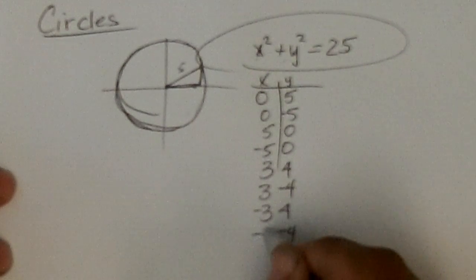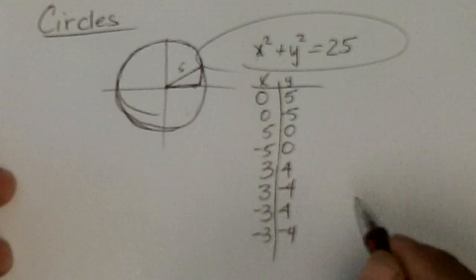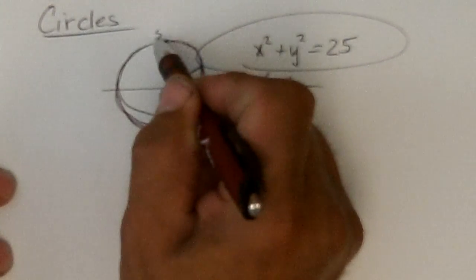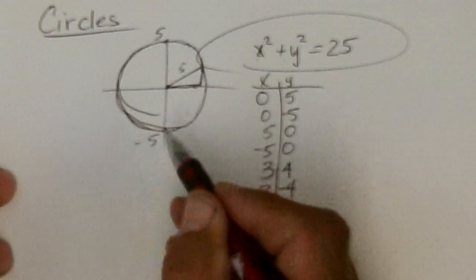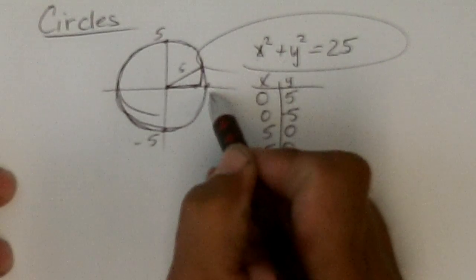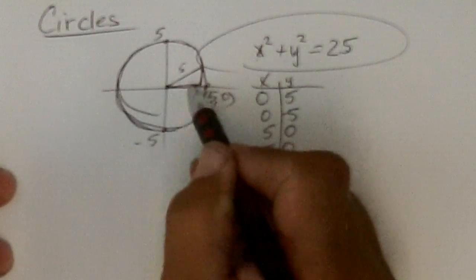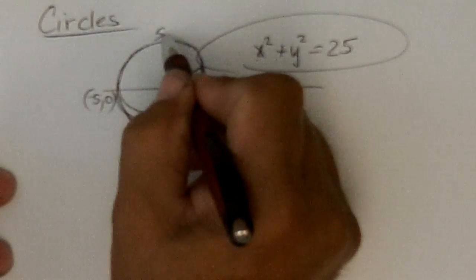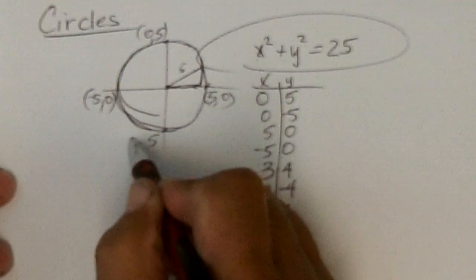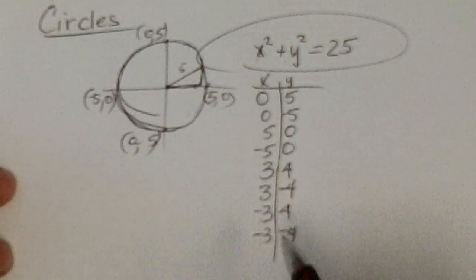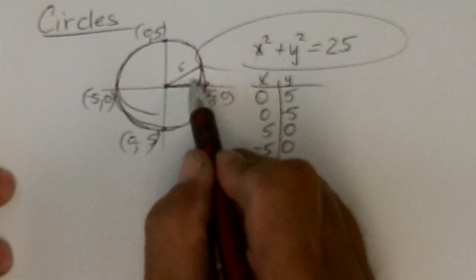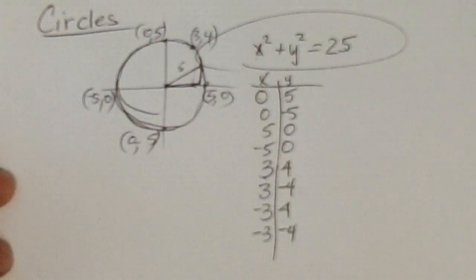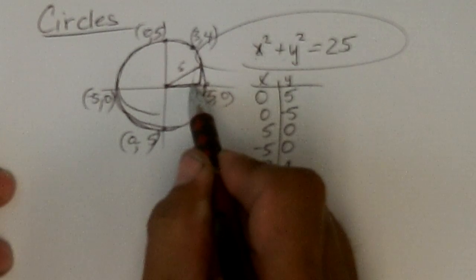If we look at just those, we have 0, 5; 0, negative 5; 5, 0; and negative 5, 0. If I put 3 in, I should get 4, and I should also get 3, negative 4.